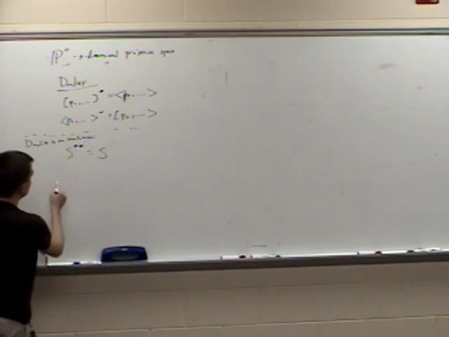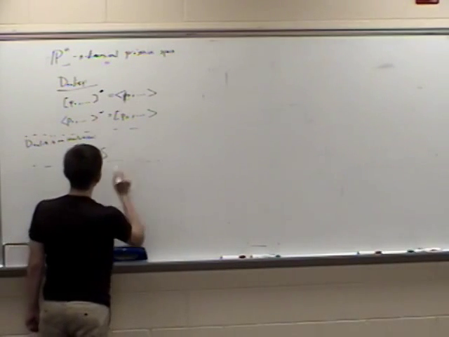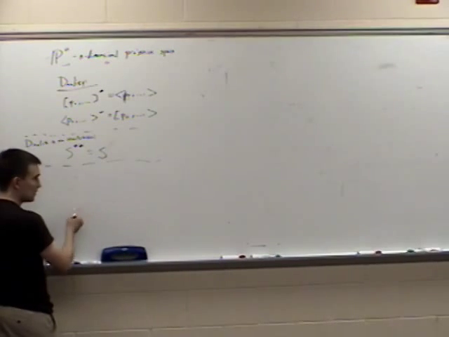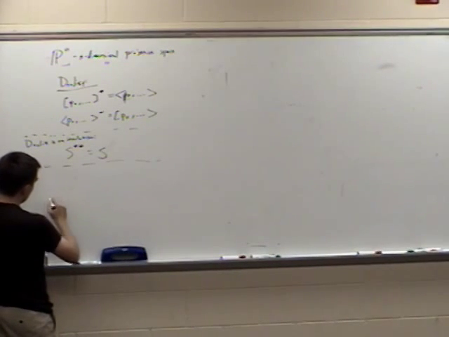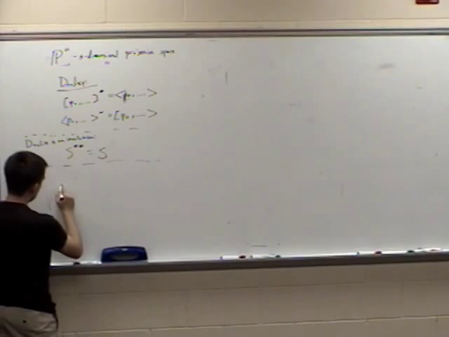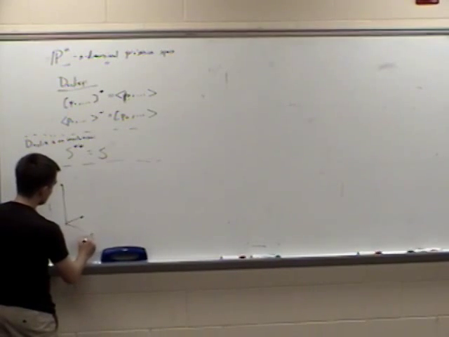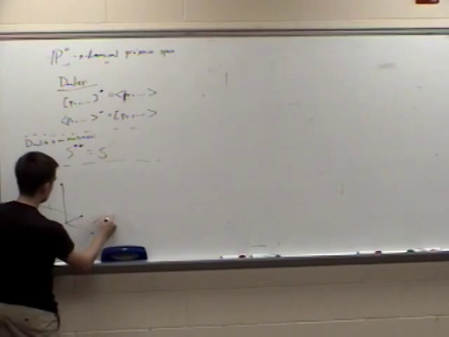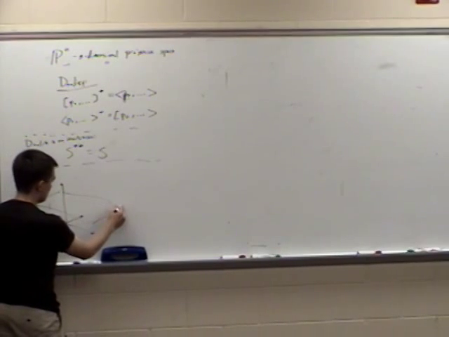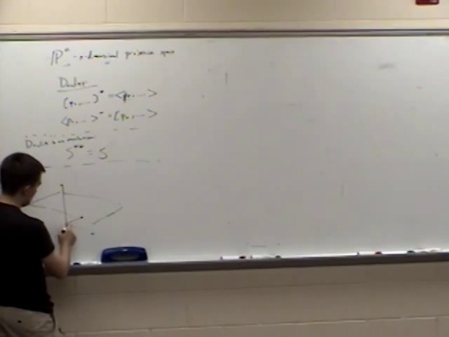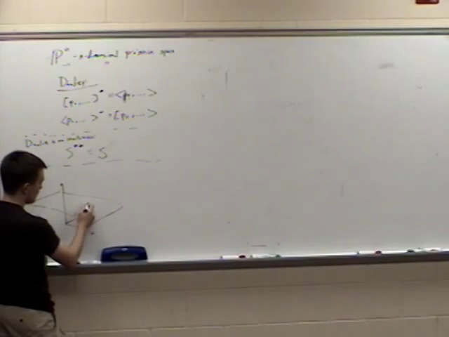And then we have this kind of mental picture for what's going on, right? So if you have, in the homogeneous model for projective geometry, a plane like this, and a point like that, all right?